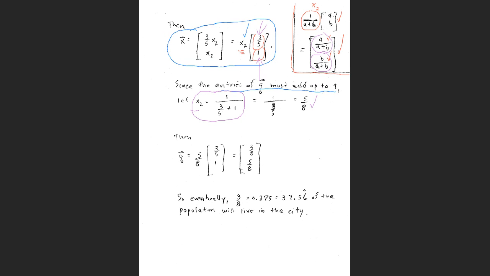So therefore, the steady state vector q is going to be equal to 5/8 times 3/5 and 1, and that's going to get you 3/8 and 5/8. So eventually, 3/8, which is 0.375, or 37.5%, of the population in this region will live in the city.